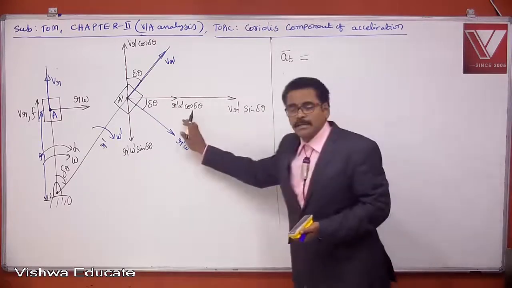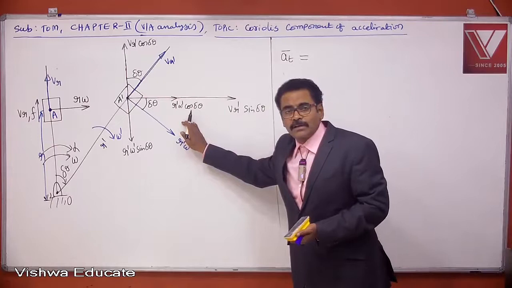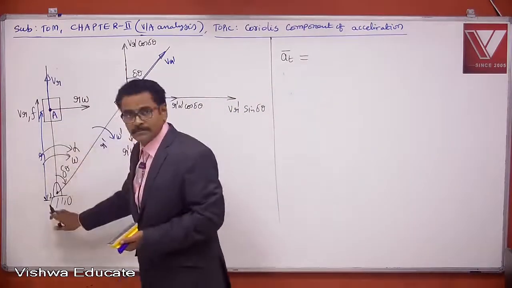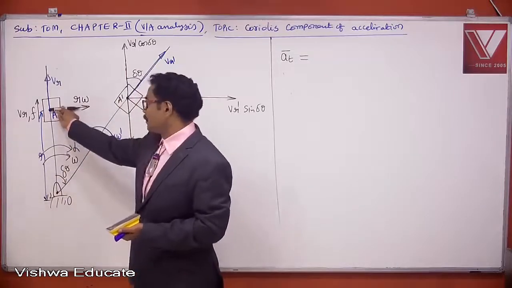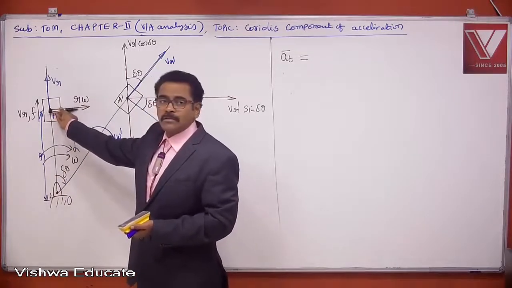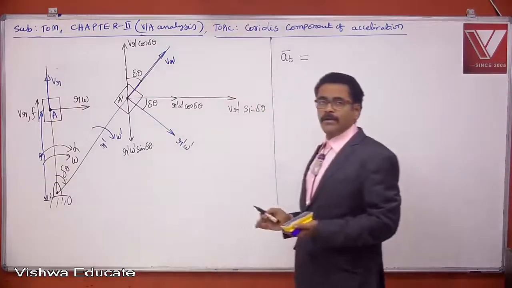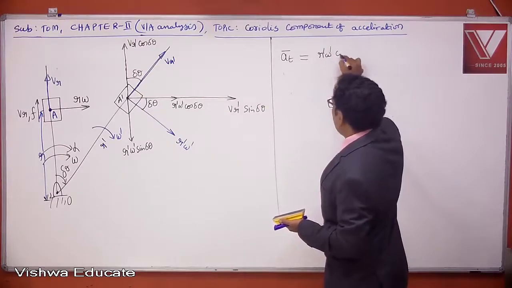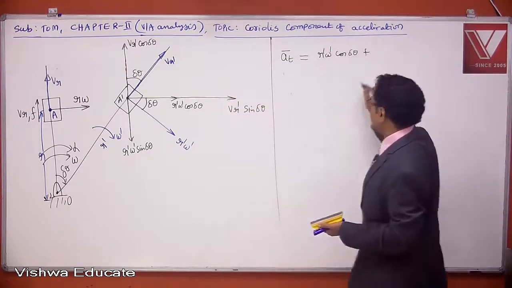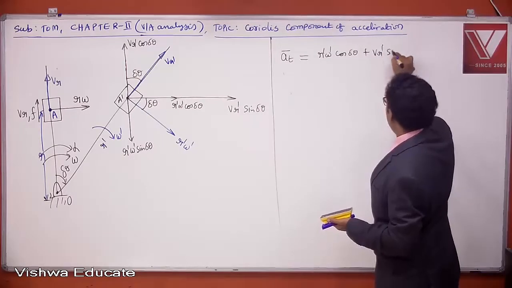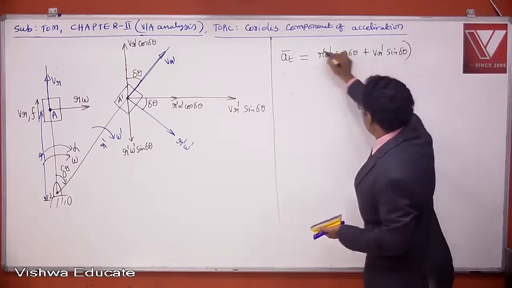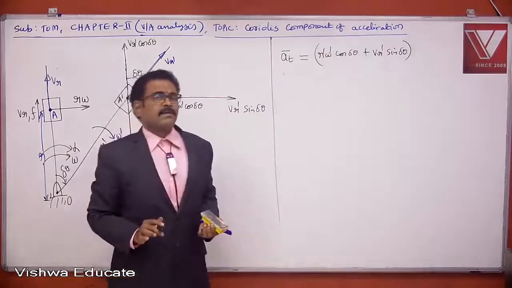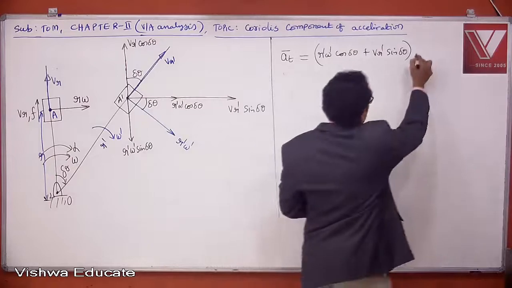So here you tell me what velocity components are acting perpendicular to the link. This is the link, this is the original link. Perpendicular to the link means like this. In this direction, what velocity vectors are acting here? Two velocity vectors are acting: r dash omega dash cos delta theta plus VR dash sine delta theta. This is the final tangential velocity component, final tangential velocity minus initial tangential velocity.